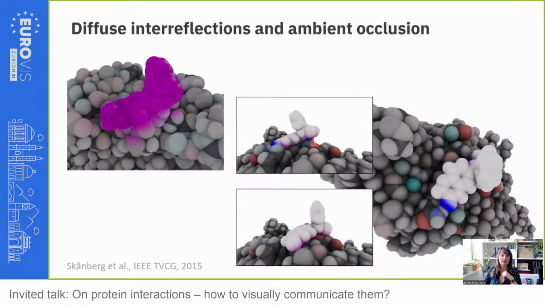The interreflections show the intensity of how much the individual atoms were participating in the actual interaction, and it's based on the calculation of the distance and ambient occlusion. So the results were very appealing and very nice.